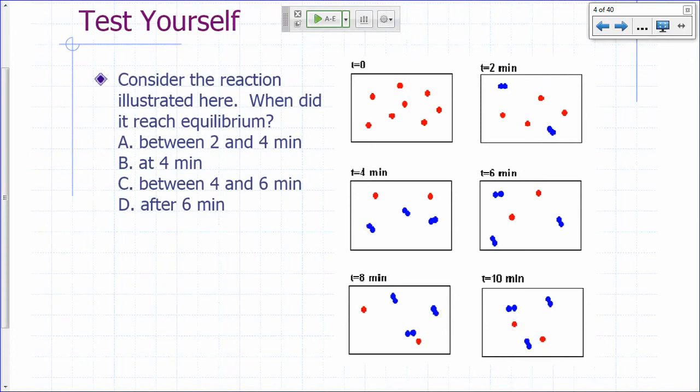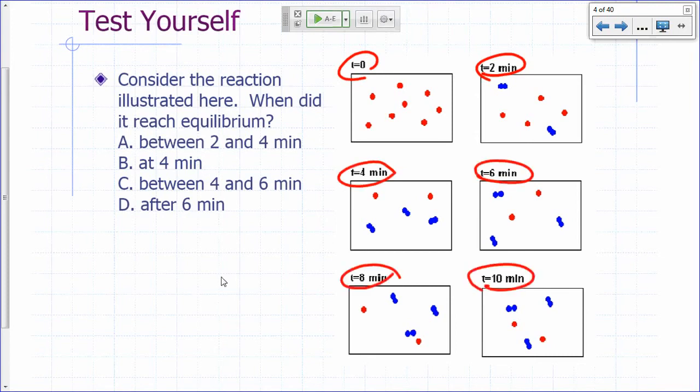So here's a quick clicker question that will check your understanding of the concept of equilibrium. Consider the reaction illustrated here, at time 0, 2 minutes, 4 minutes, 6 minutes, 8 minutes, and 10 minutes. What's happening here? Your red atoms are being converted to blue.